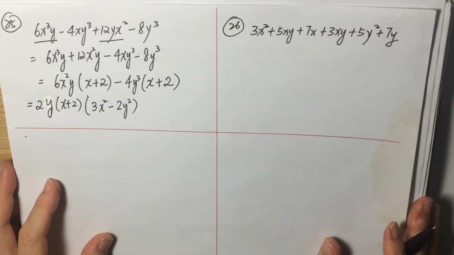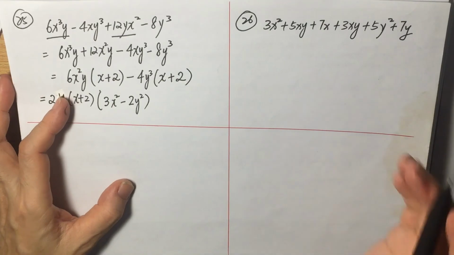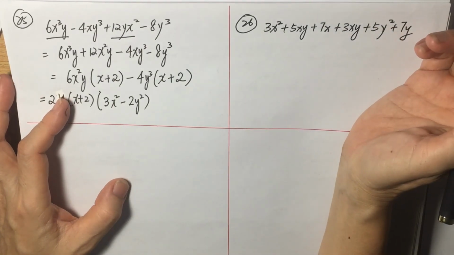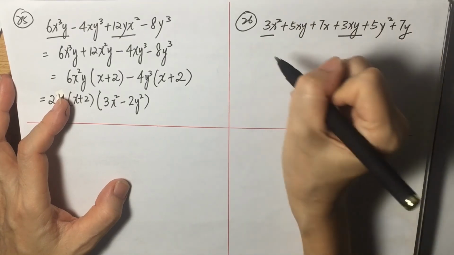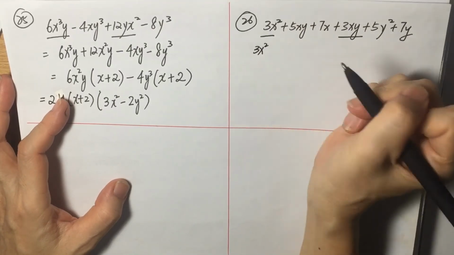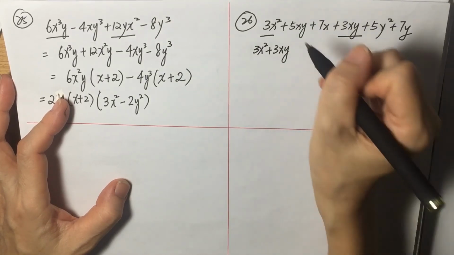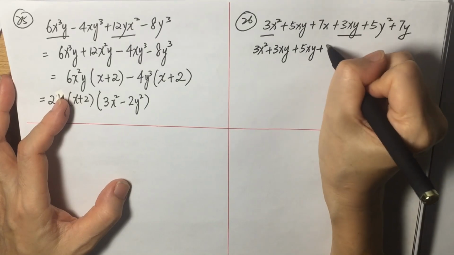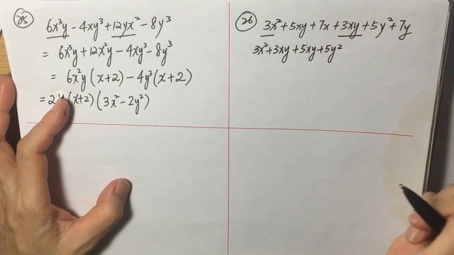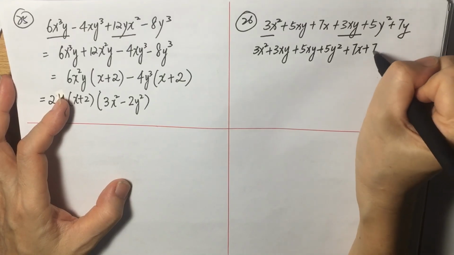Okay, last question, 26. I am going to group this one with this one. So 3x squared plus 3xy. Then I'm going to group 5xy with 5y squared. Then I'm going to group 7x and 7y.